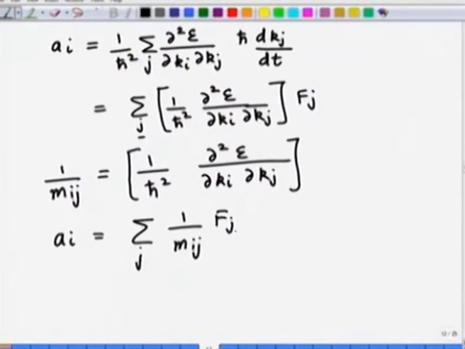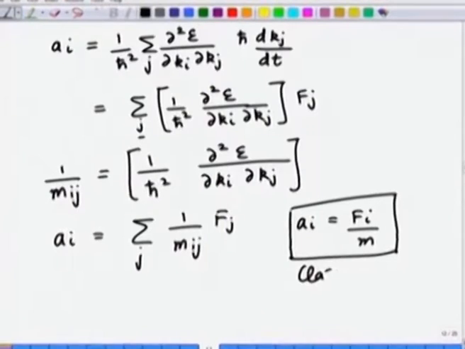So, what do you see? What we see is, remember, Newton's law: a classical particle follows a_i equal to F_i by mass. That is what a classical particle will follow.